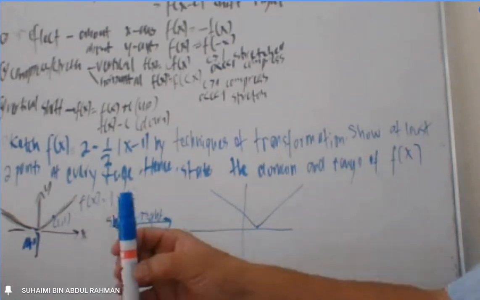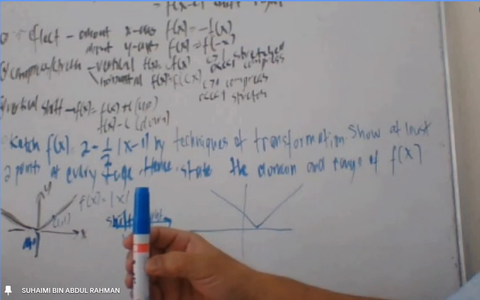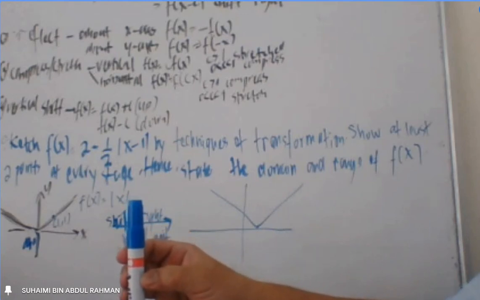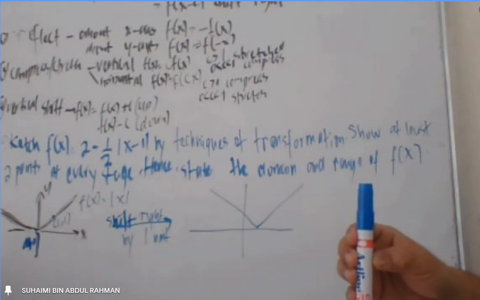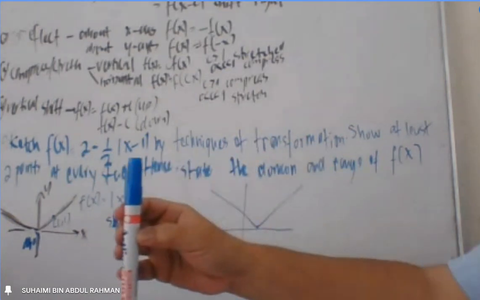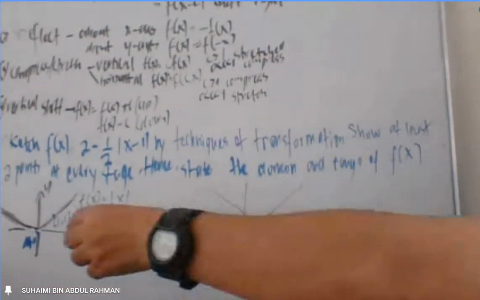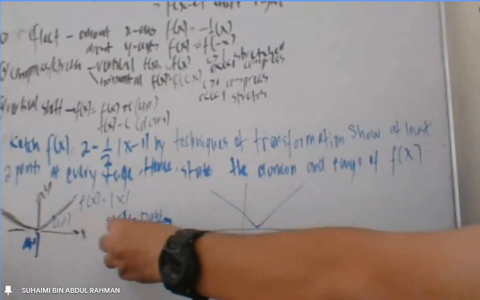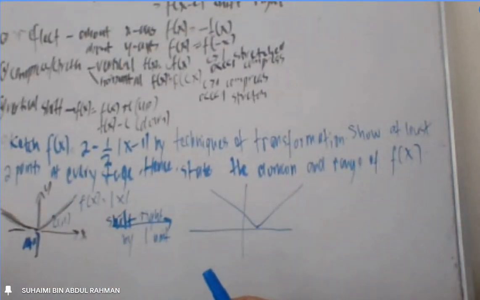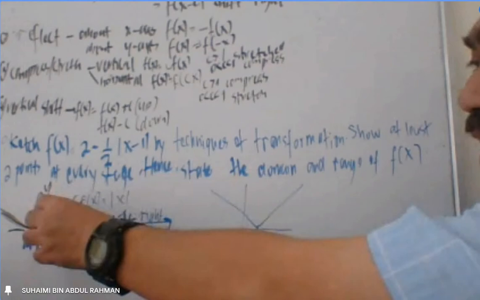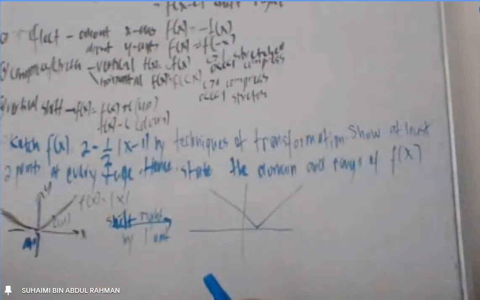Let's say with a pen: shift to the right, shift to the left. Like this. Shift to the right. Shift to the left.